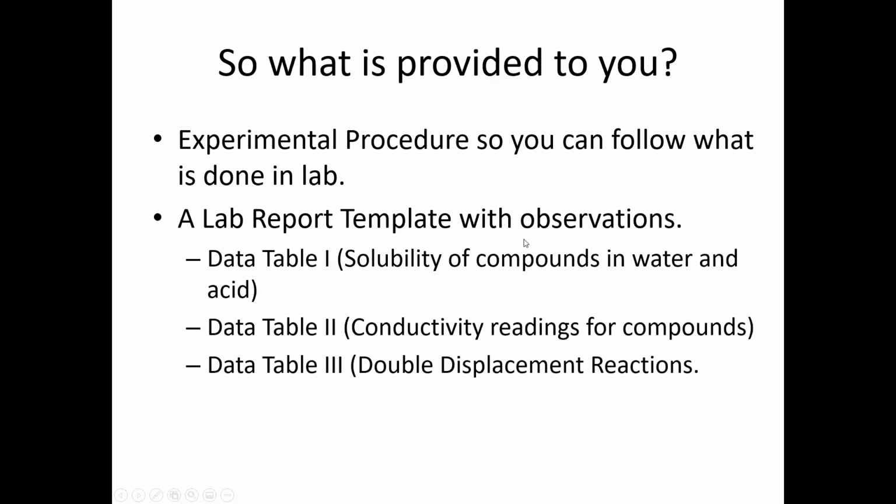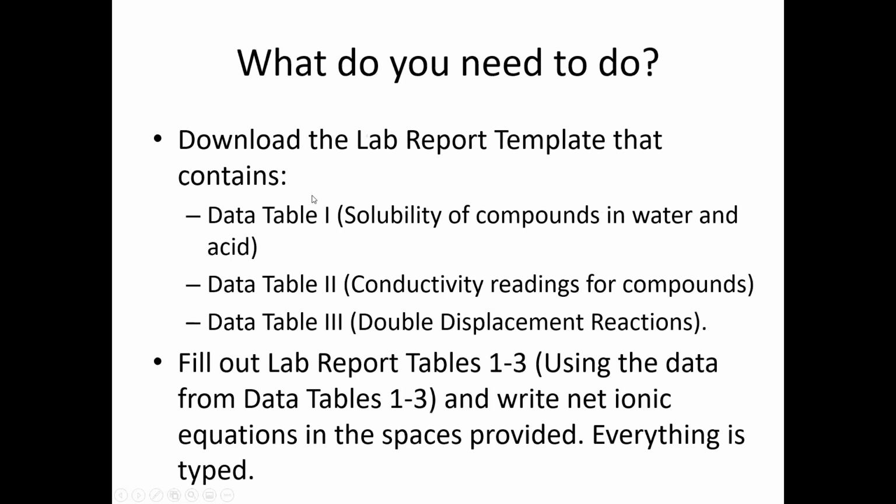Those are just the tables I showed you in the previous slides. So what you need to do is download the lab report template and fill out the lab report tables. You can use the data within the template and write the ionic equation in the space provided.